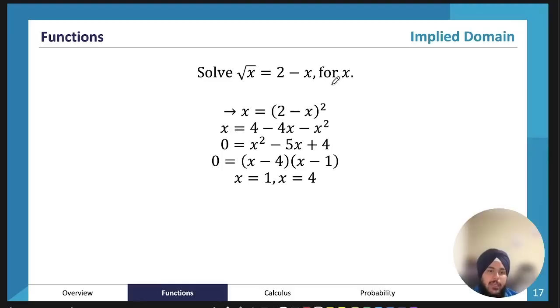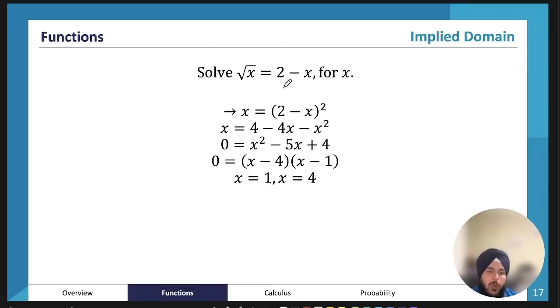Okay, so here is a quick example of where this might be handy. Say we have: solve root x equals 2 minus x, for x. This one's just a basic solving question, but we'll come back to the domain part.